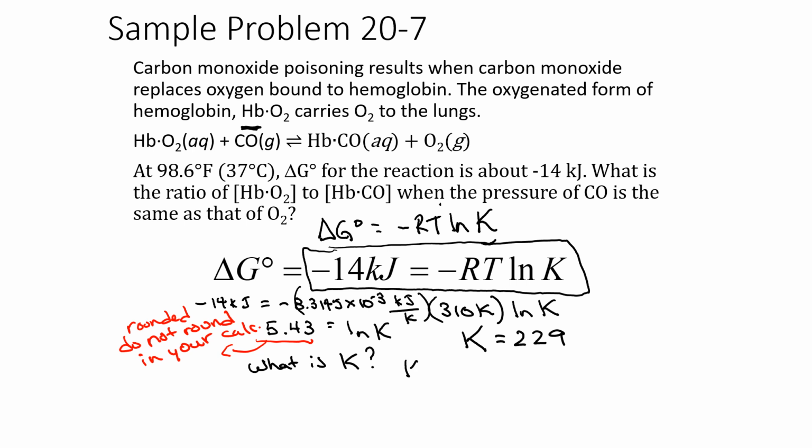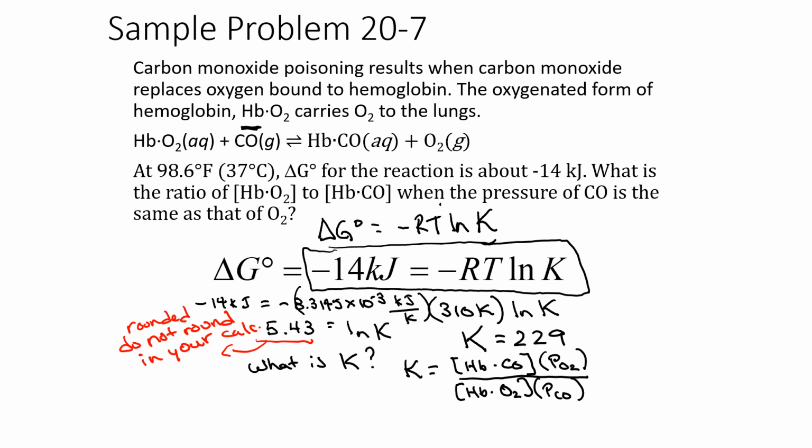What is K? Well, K is products divided by reactants. So my products are the concentration of the carbon monoxide blood times the partial pressure of O2, divided by the oxygenated hemoglobin times the partial pressure of carbon monoxide.